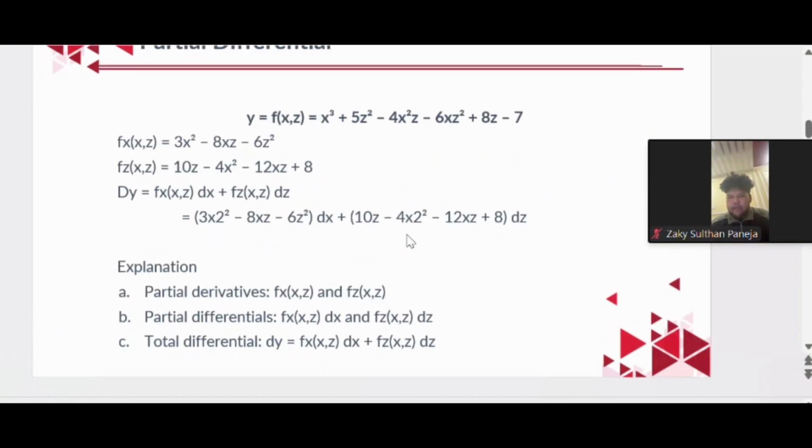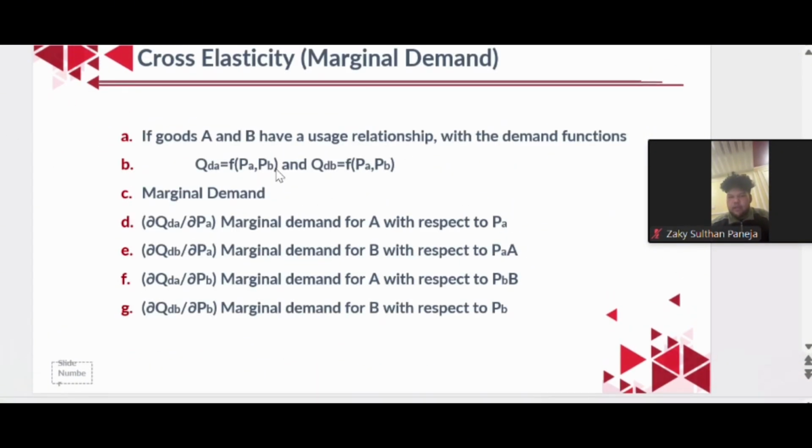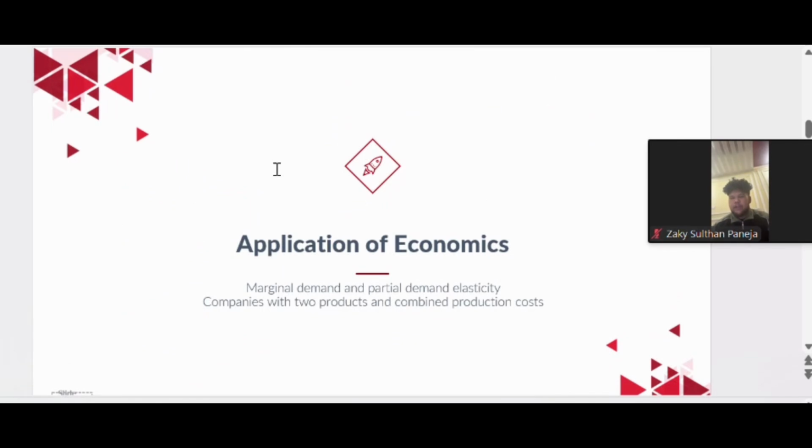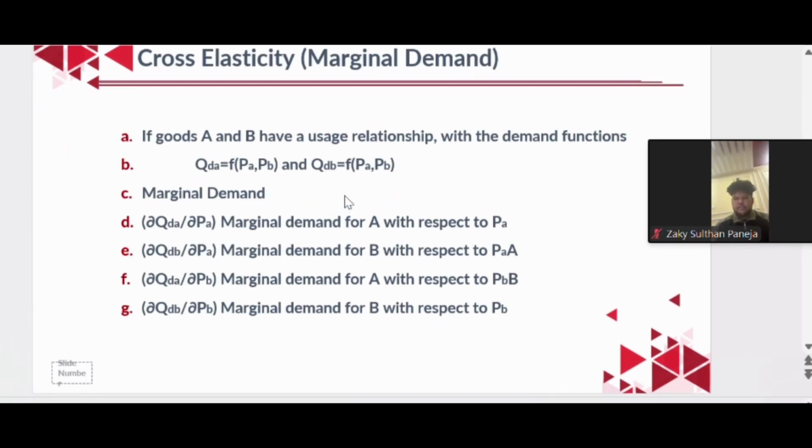Next, for the application in economics, we learn about marginal demand and partial demand elasticity, campaigns with two products, and combined production costs. First of all, we go to the cross elasticity or the marginal demand.